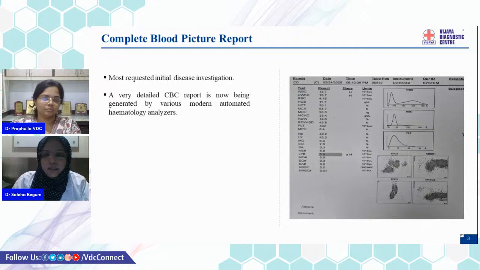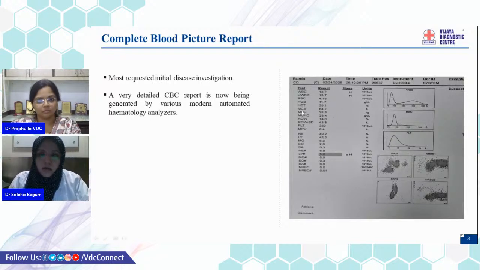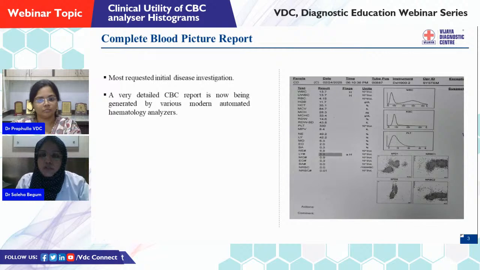Nowadays, a very detailed CBP report is generated by various modern automated hematology analyzers, which provide us not only with the numerical data but also the graphical representation of that data in the form of histograms and scatter plots. A good interpretation of these histograms is very important to come to a conclusive picture of what exactly is happening inside the patient's blood.